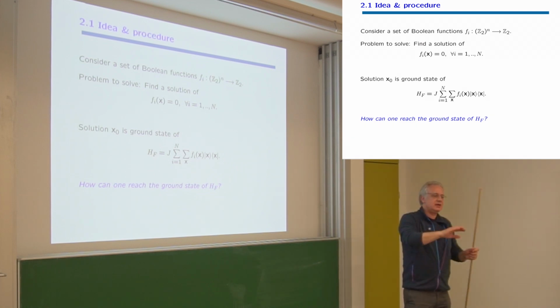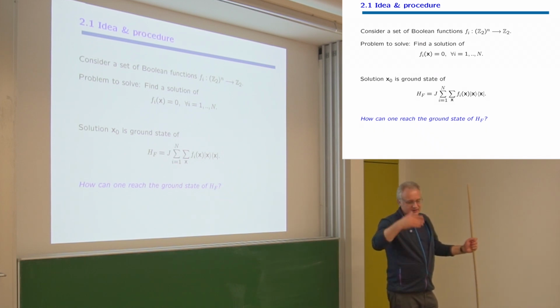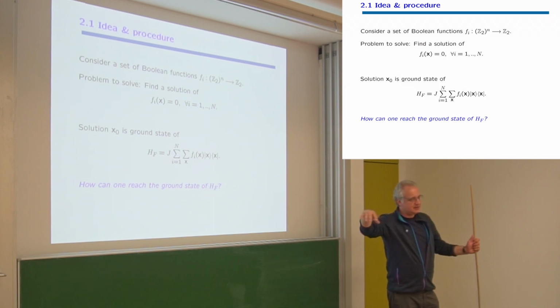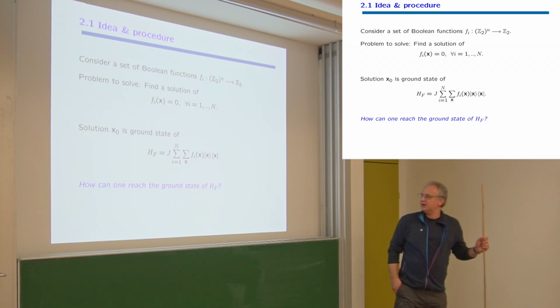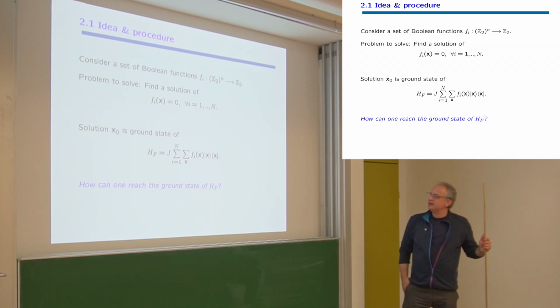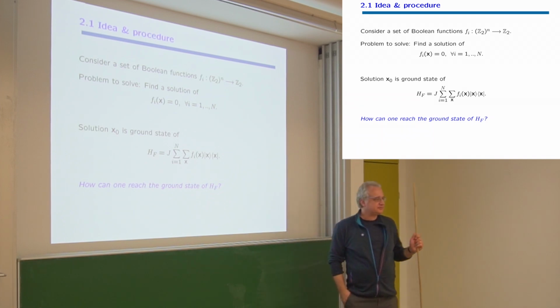And I guess everybody who has ventured into numerical optimization in high-dimensional spaces knows these landscapes with local minima to get stuck in. So finding the ground state may not always work.